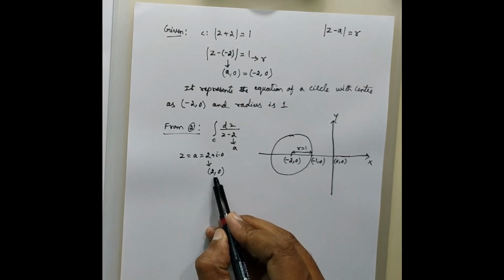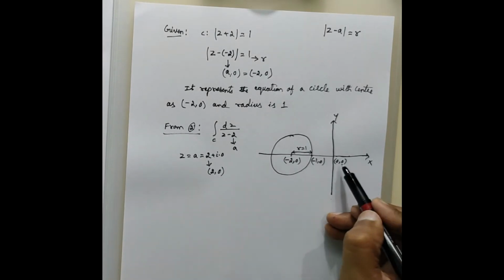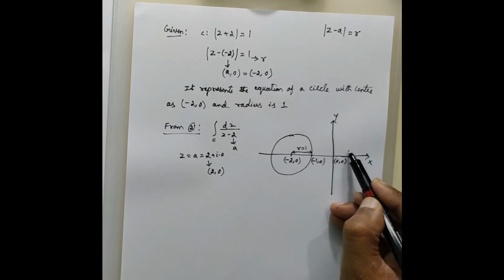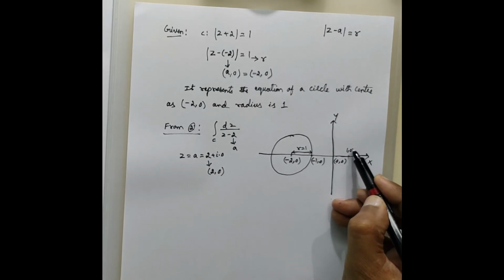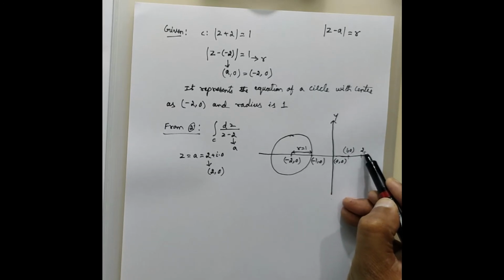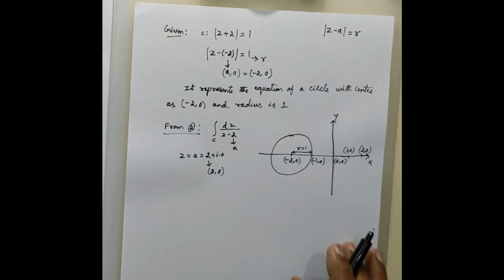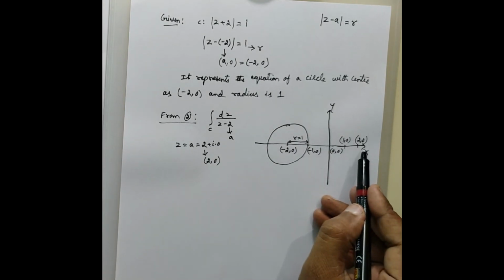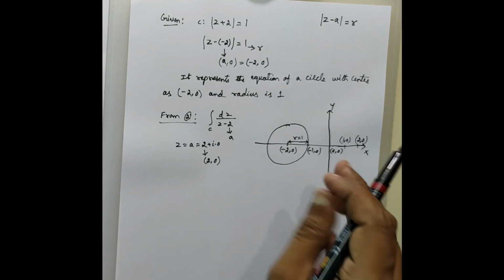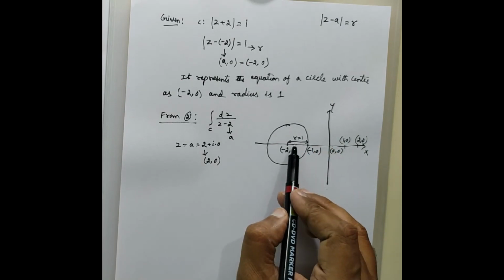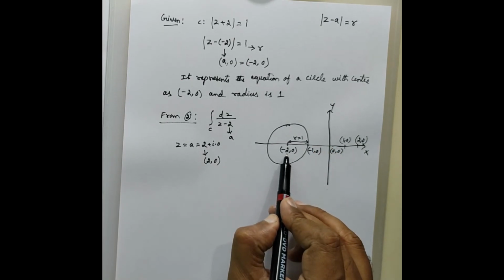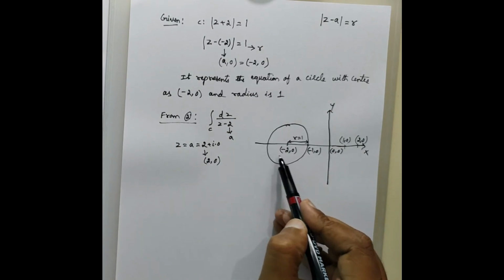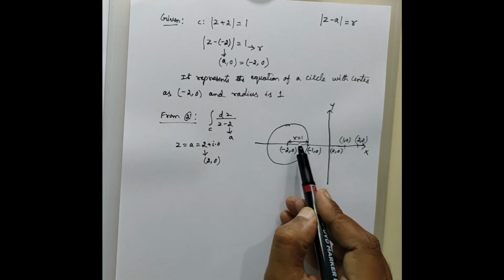So where does 2 comma 0 lie on the figure? 2 comma 0 will be on the positive x-axis. So you can take 1 comma 0, and that will be 2 comma 0. So that is the point which lies outside the circle. Since the point lies outside the given circle, from Cauchy's theorem the value of the integral will be 0. So this circle is there, and outside the circle the point is there.